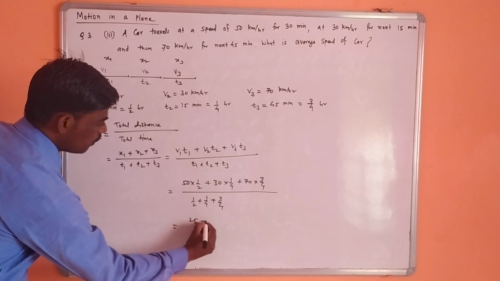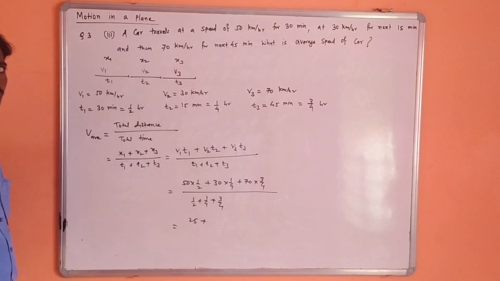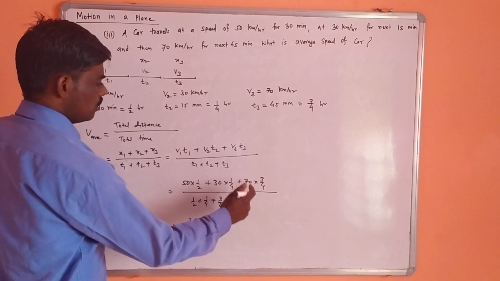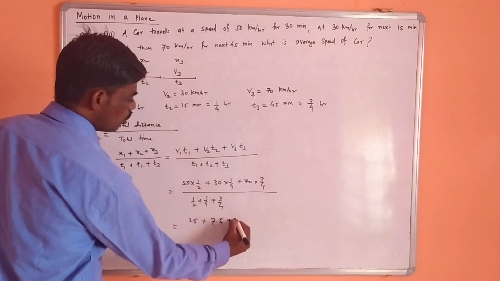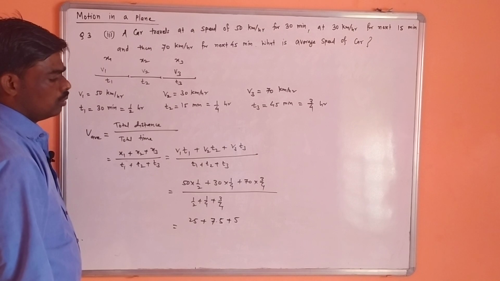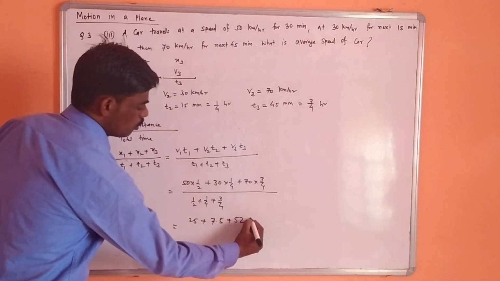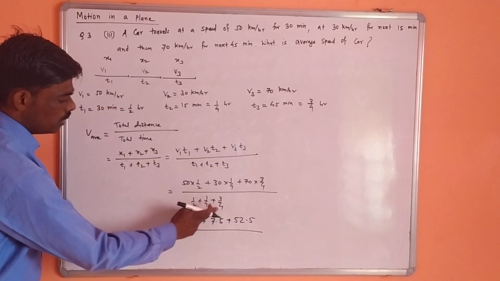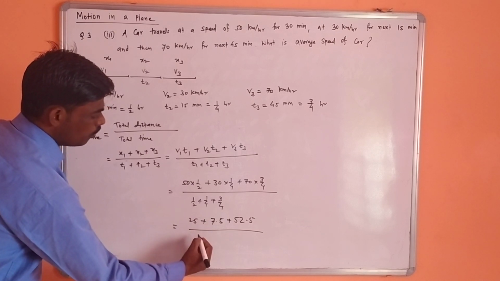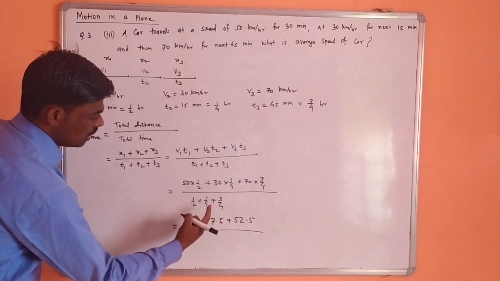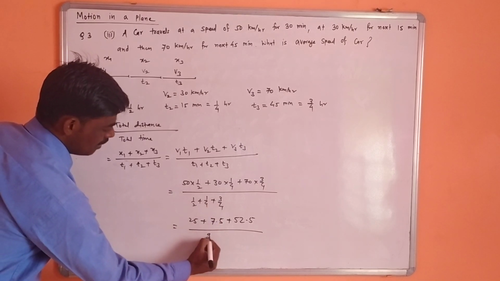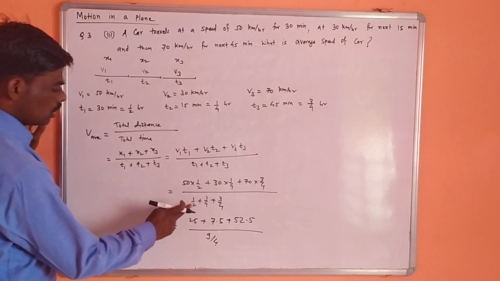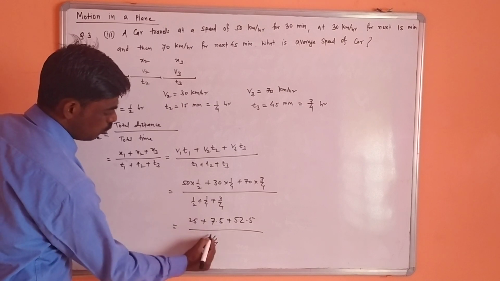So what we get here is 25, then 30 by 4, which is 7.5, then 210 by 4, which is 52.5, and in the denominator 2 plus 1 is 3, 3 plus 3 is 6, divided by 4.